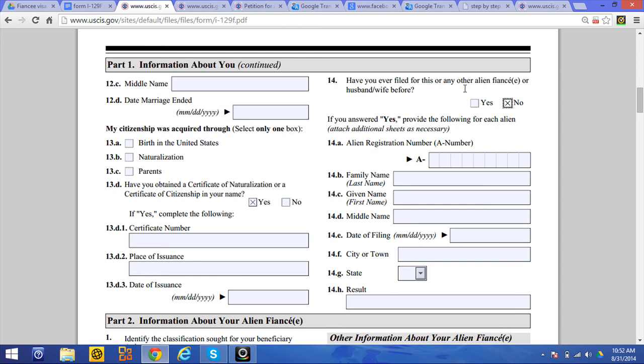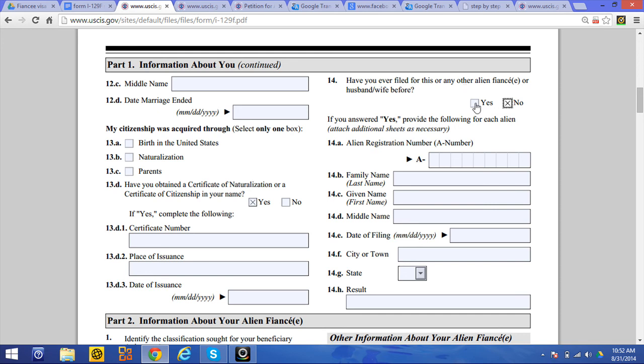Understand, if it is the second time that you are going to apply for a fiancé, USCIS will really make an examination. There are people who receive money to do that. They get a fiancé, they get married, and after a couple of years they get divorced and apply for another fiancé again. USCIS is really aware of this problem.